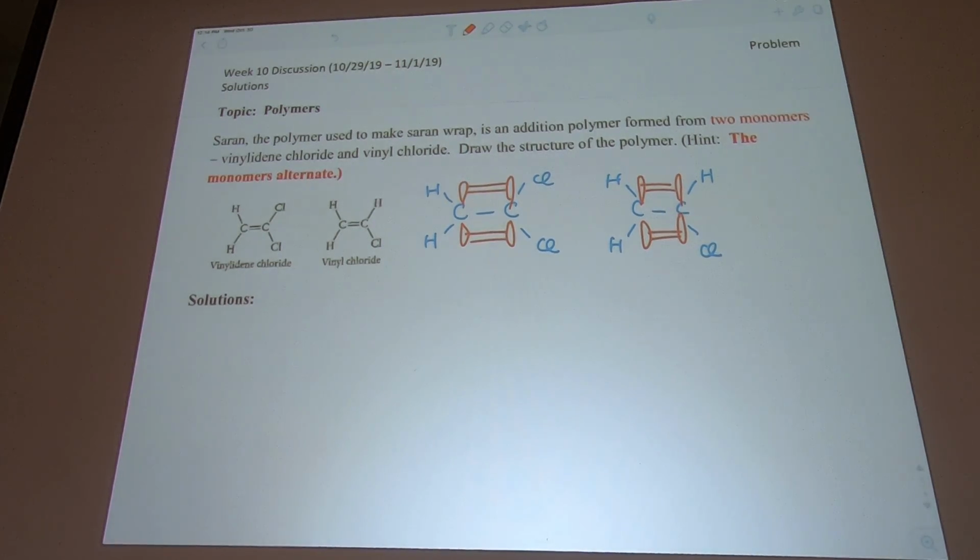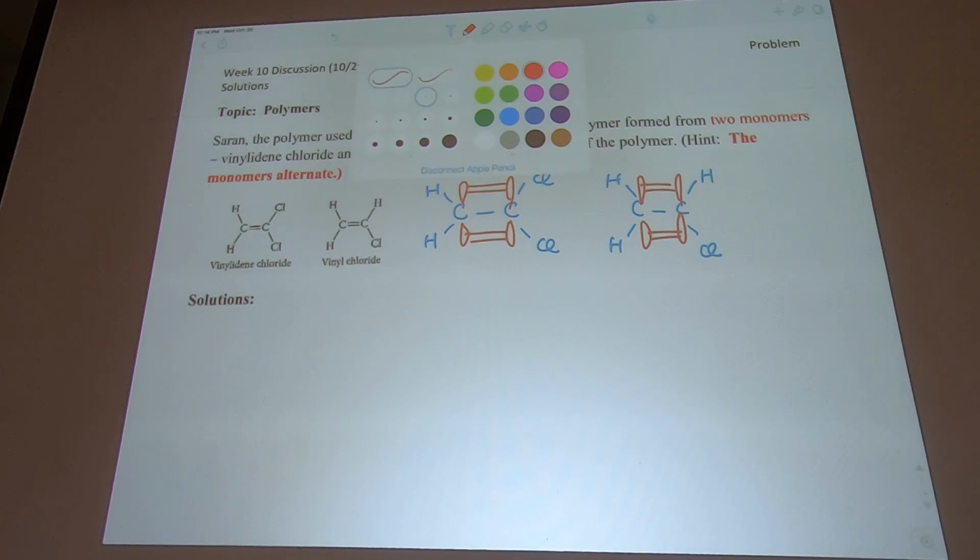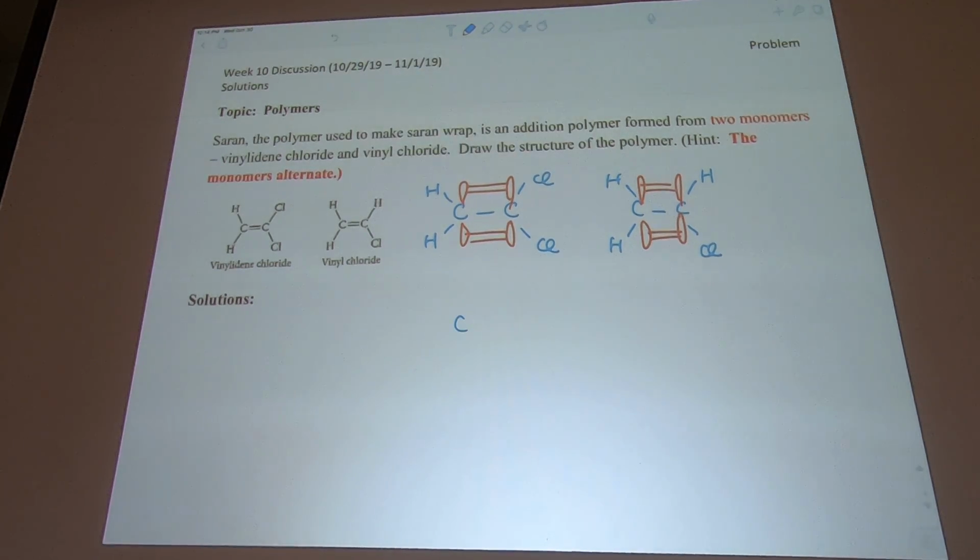And the easiest way to look at this molecule is now our chlorine, hydrogen. So I'll just put this one skeleton first.